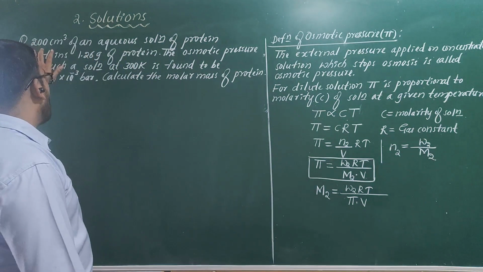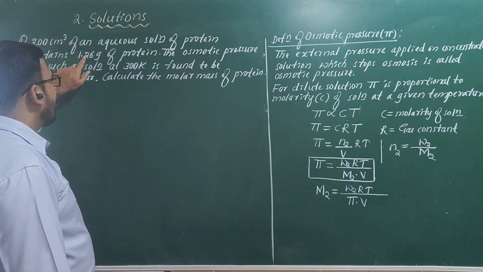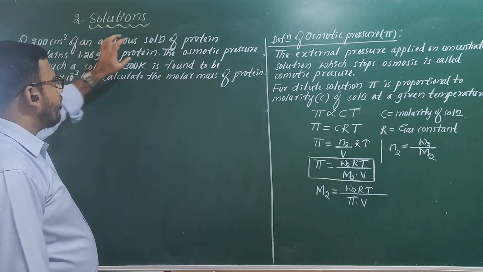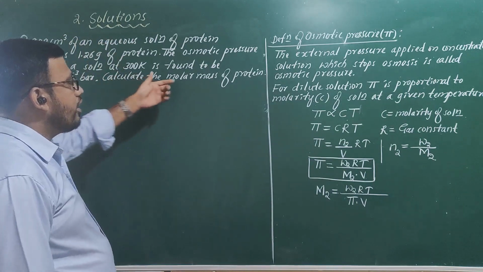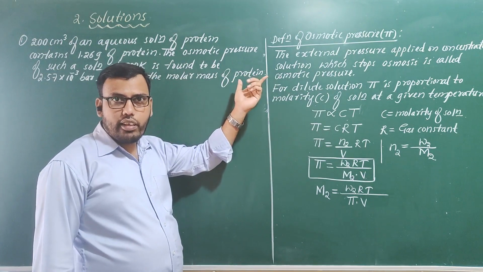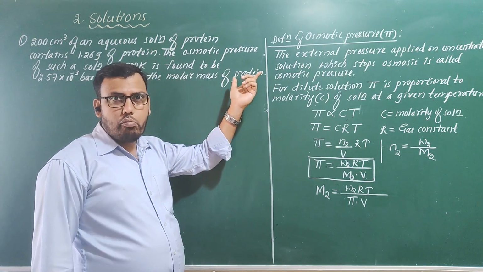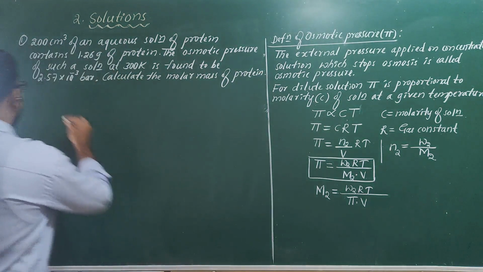So 200 cm cube, 200 ml of aqueous solution, is the volume of solution, and 1.26 gram is the mass of solute. Osmotic pressure is given, temperature is given, and you need to calculate the molar mass of protein, that is nothing but molar mass of solute.